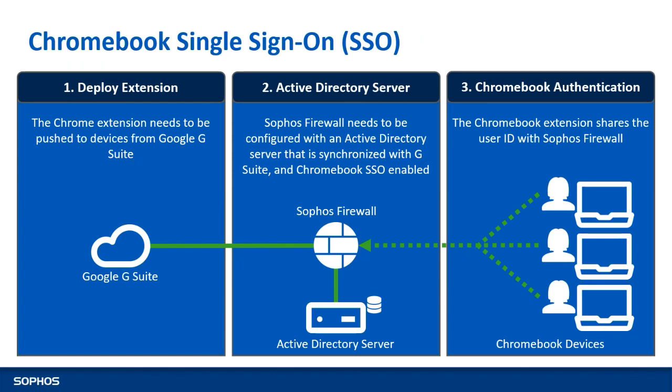The prerequisites include an on-premise Active Directory server synced to Google G Suite, and the Chrome extension is pushed from the G Suite admin console, providing easy and seamless deployment that is transparent to users.